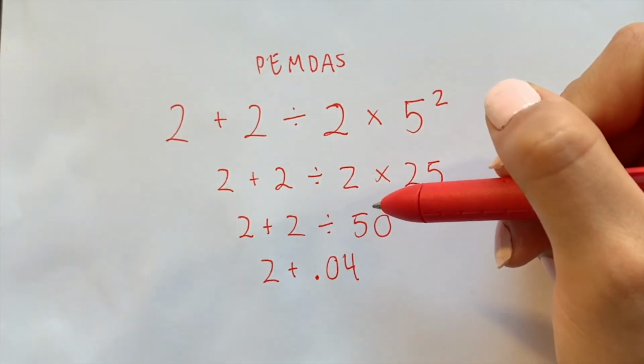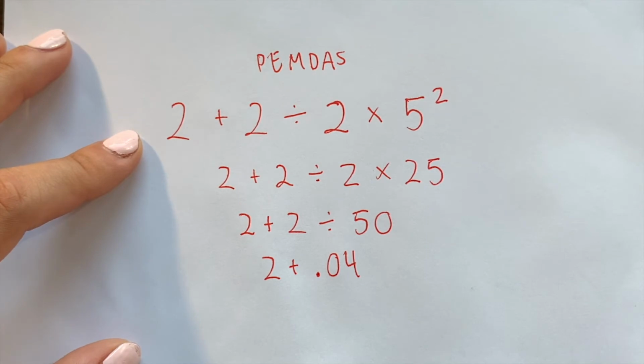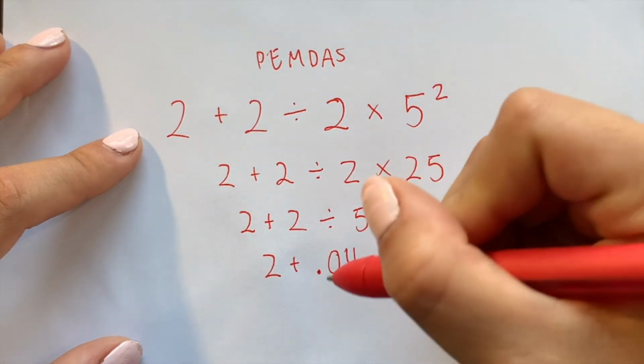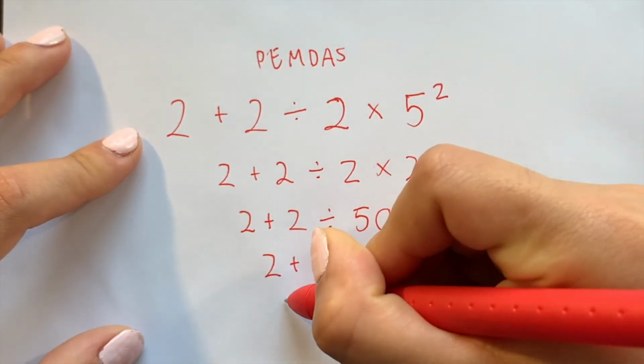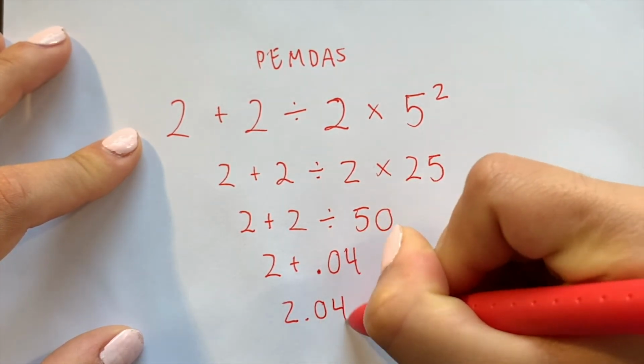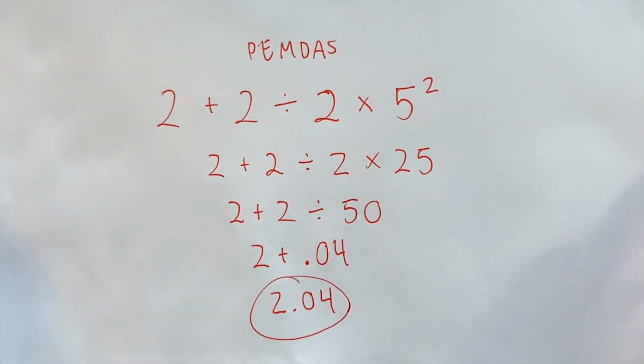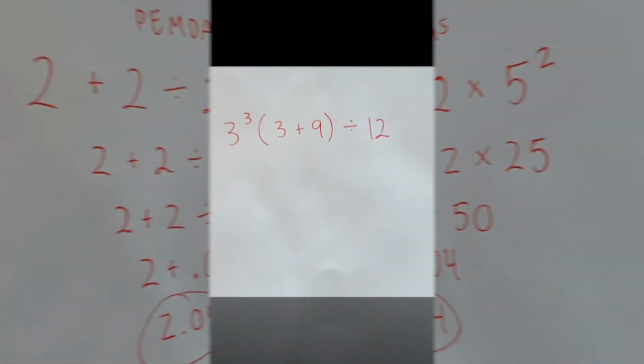Don't really like decimals. So then you would just add 2 plus 0.04, and your answer would end up being 2.04, and that's your answer for this equation.